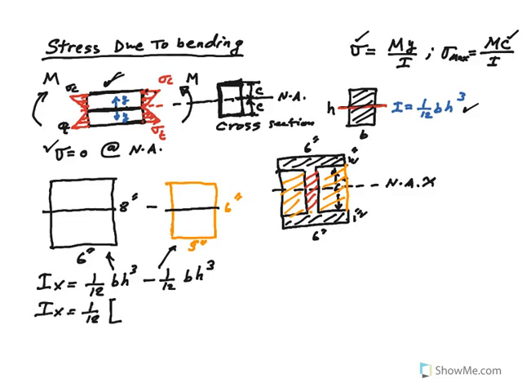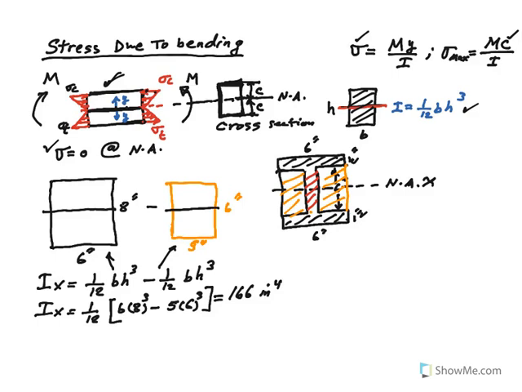What is B? B is 6, H is 8 for the first rectangle, the black one, minus what? BH cube, 5, 6 cube. Here we go. You can put parentheses around this if that bothers you. So this comes out to be about 166, or exactly 166 in fact. Remember, the unit is what? Inches to the power 4.